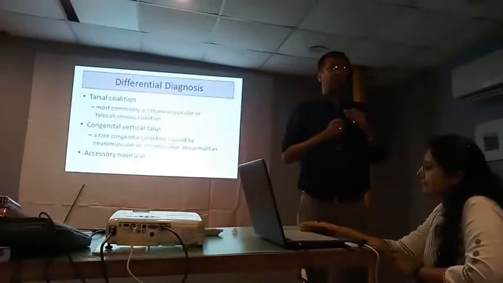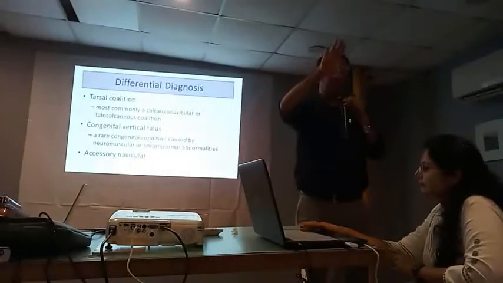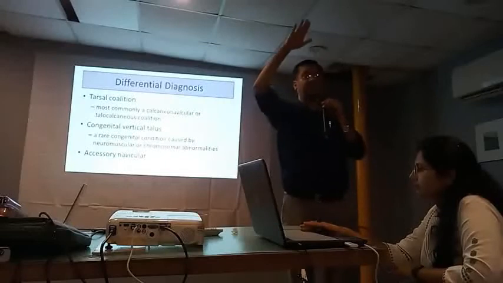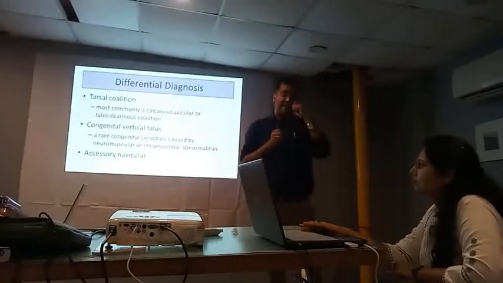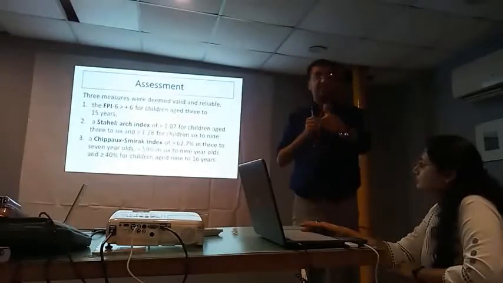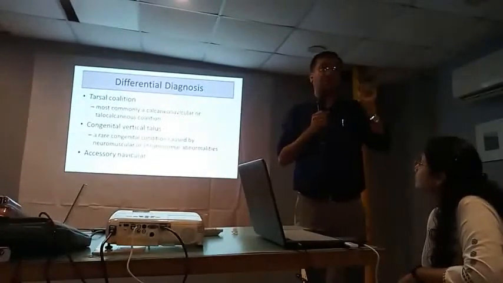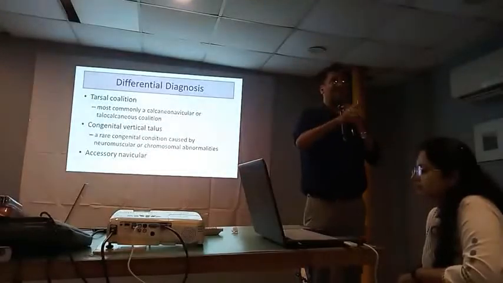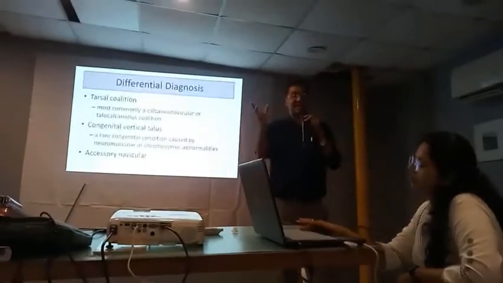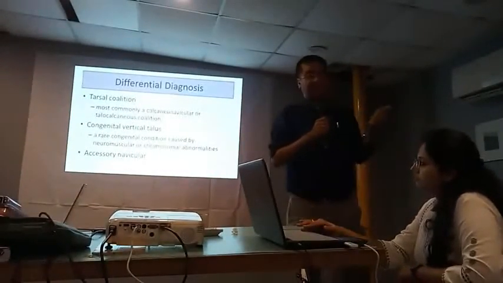When they came to us, this condition looked like a medial arch collapse, and this patient had been operated on for the spine, tethered cord. Okay, so now we understand why this patient had something else also, an accessory navicular.